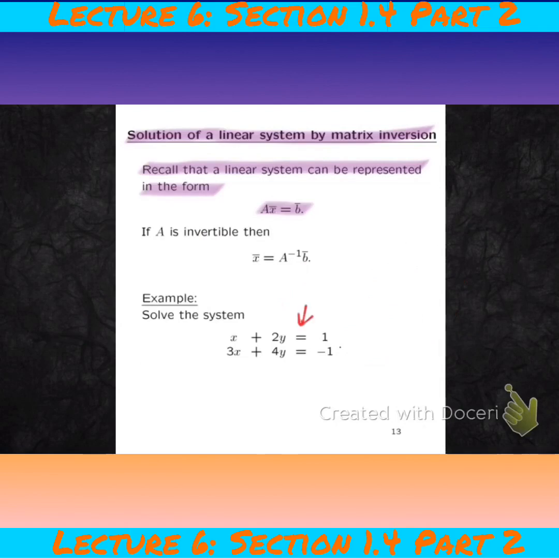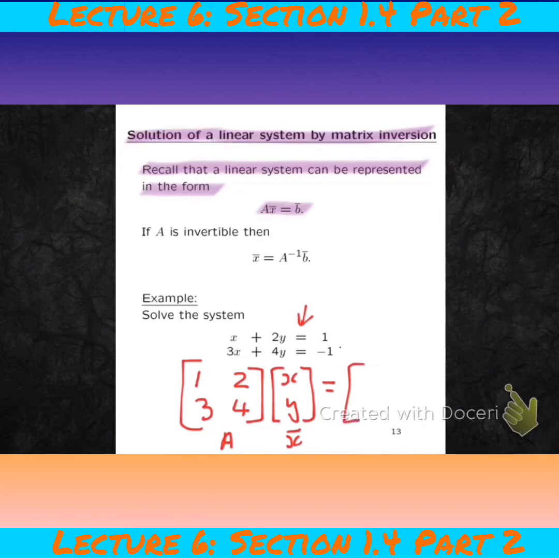So if we look at this linear system here, we can write it in matrix notation. We can write it as 1, 2, 3, 4, and the column vector signifies my variables, so that is my matrix A, and that is my vector x.